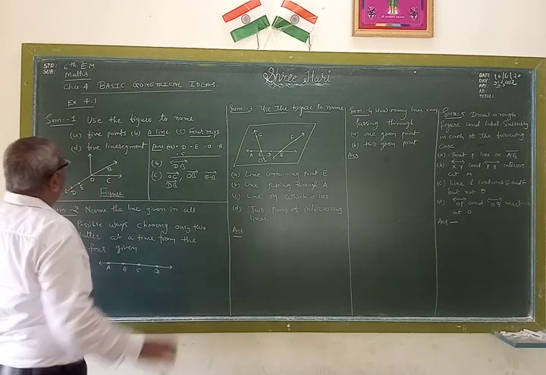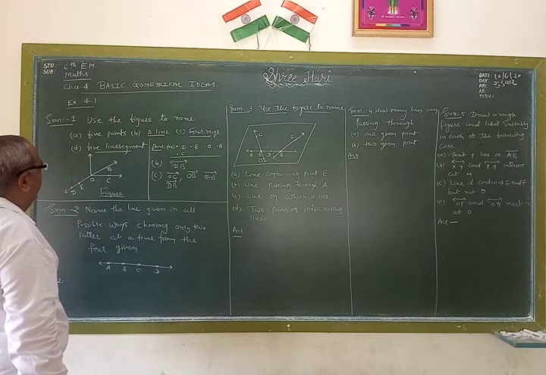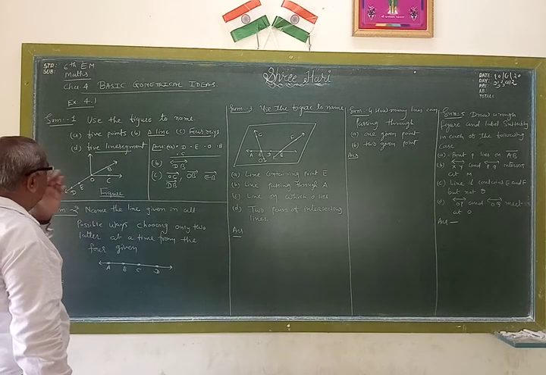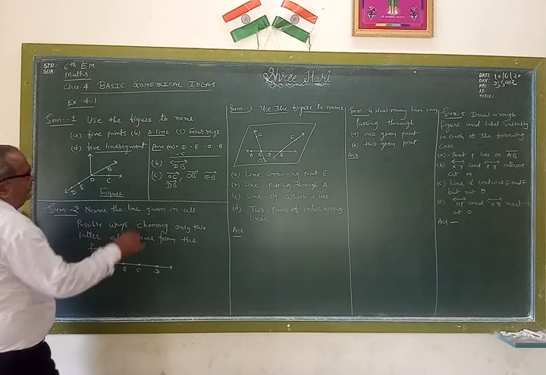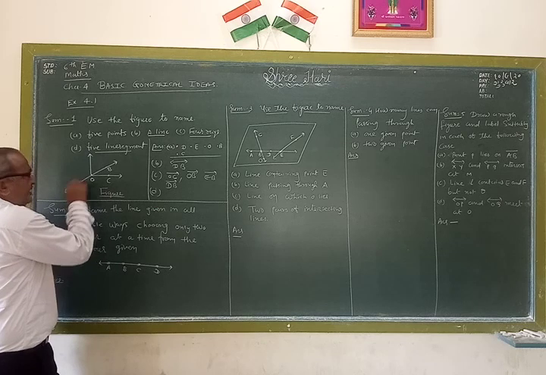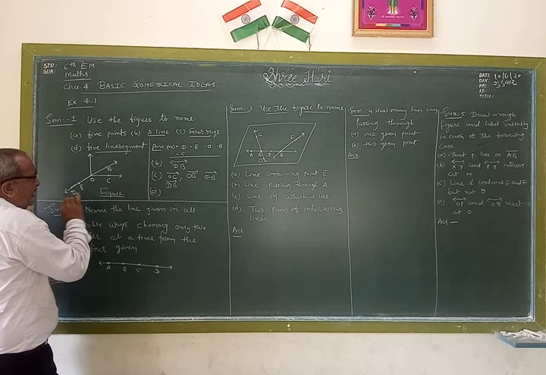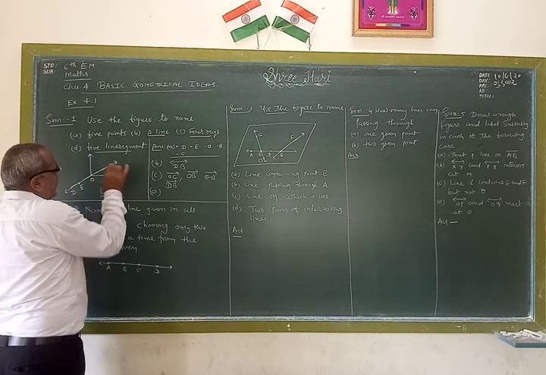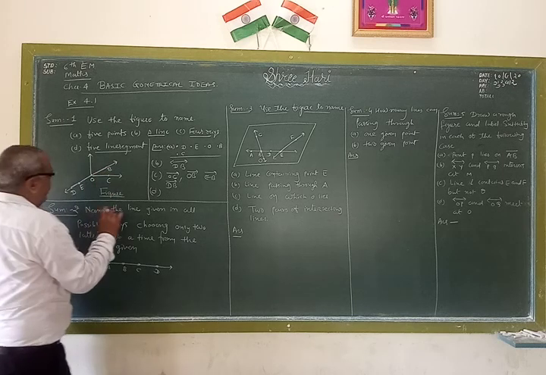Now 5 line segments. Give the names of 5 line segments from this figure. Friends, DE is a line segment, EO is also a line segment, OB line segment, OC line segment, EB also a line segment.